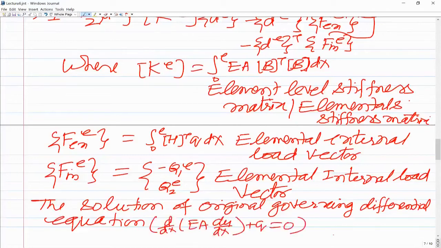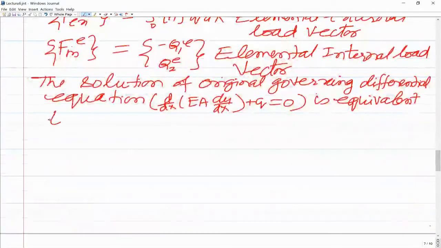So this is the governing differential equation. The solution of the original governing differential equation is equivalent to delta I equal to 0.